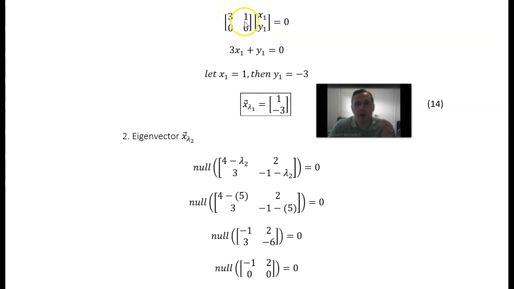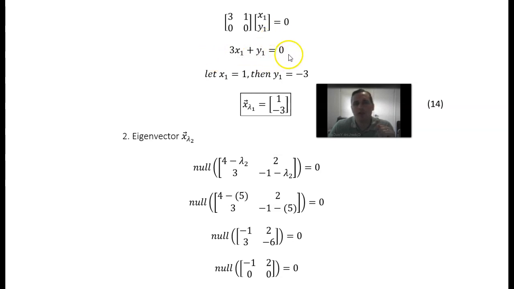So 3, 1, 0, 0 multiplied by x1, y1, sort of just think of these as the entries of our eigenvector, equals 0. Now when you multiply this out by matrix multiplication, then you have 3x1 plus y1 equals 0. Now the other equation would actually be 0 equals 0, which is exactly trivial, so we don't need that.